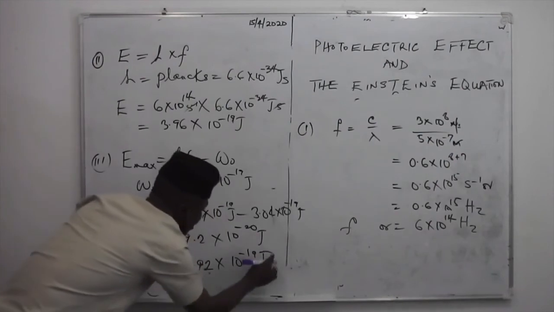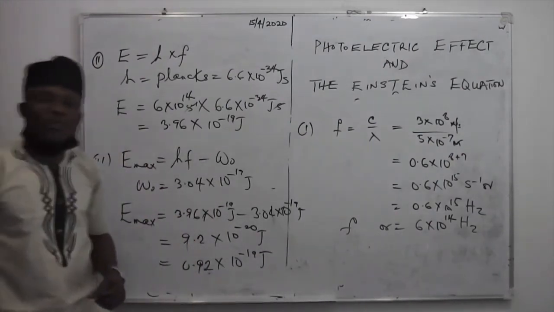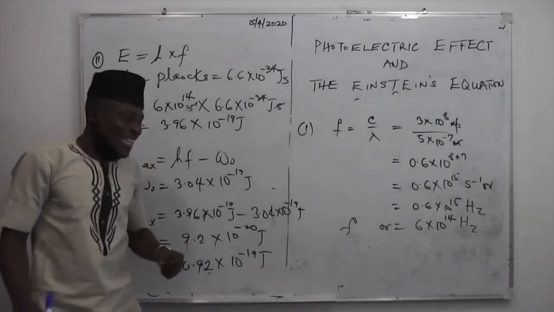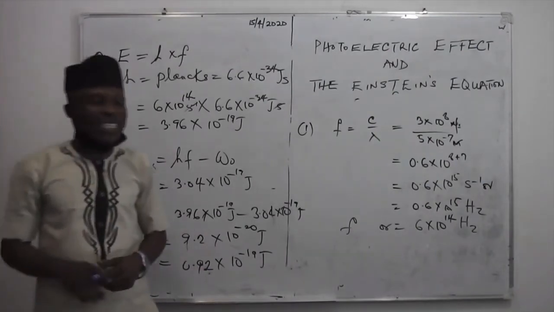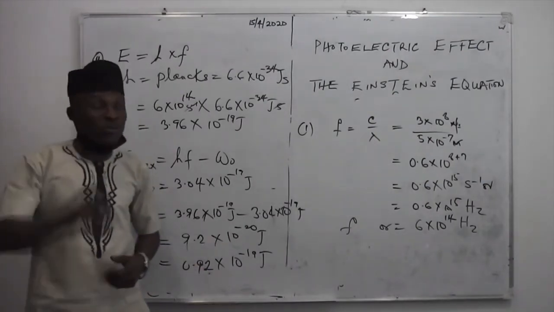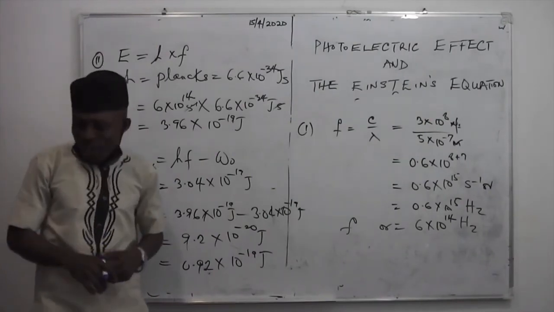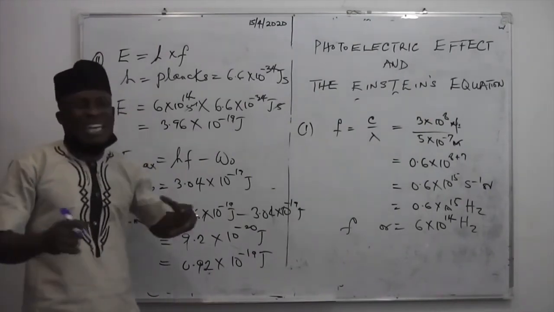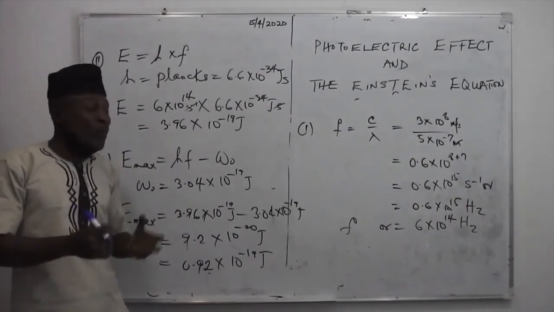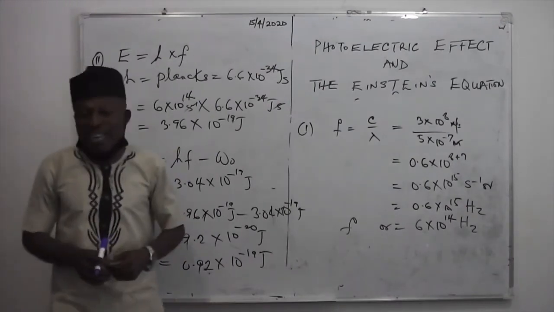The reason I changed it to the standard form of 10 raised to minus 19 is that the energies we deal with in particle physics, such as the energy of electrons released through electromagnetic radiation, are very small. Because of that, we don't want to deal with such large or small numbers. We have to look for a new unit, which we call the electron volt.